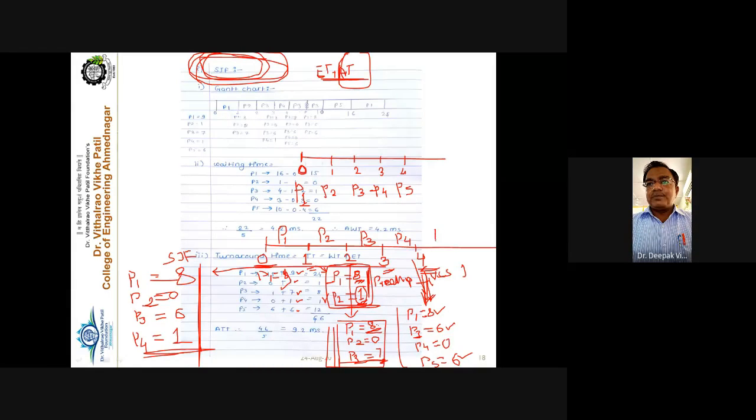So P3 will go for the execution. So I mark here P3. And how long will it continue its execution? As there is no other arrival point, it will continue up to its full execution, that is equal to 6 milliseconds. So 4 plus 6 equal to 10, right? So it will execute up to 10 milliseconds because there is no other process arriving in the system after 4 milliseconds.